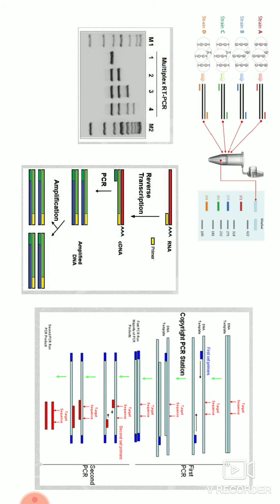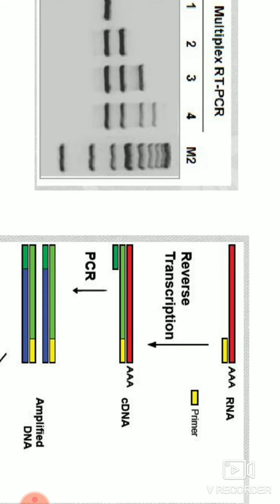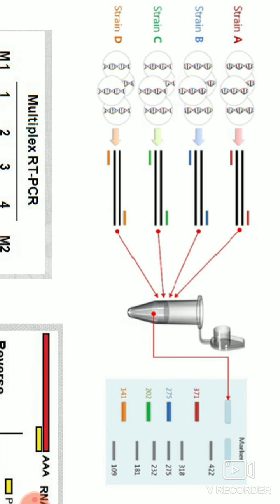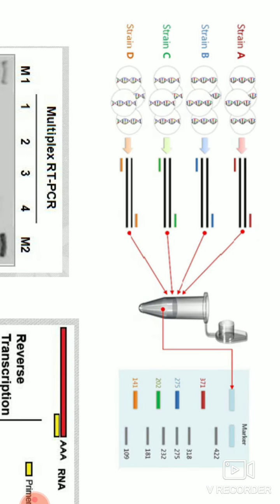The next you have something called multiplex PCR. Here is an example of multiplex PCR. Multiplex PCR is simultaneous detection of multiple targets in a single reaction well with different pairs of primers for each target. Suppose you have 5 pathogens which you are suspecting in a patient sample, and you have taken the patient sample and isolated the DNA.